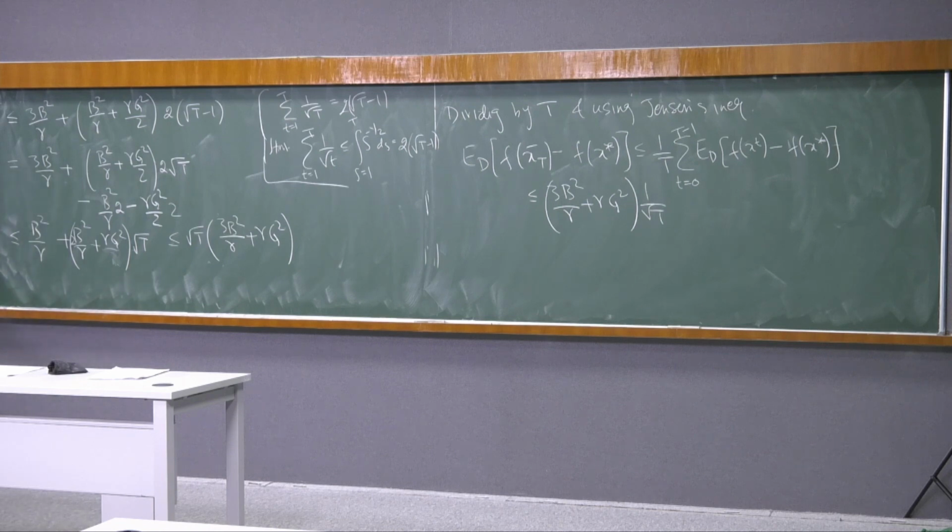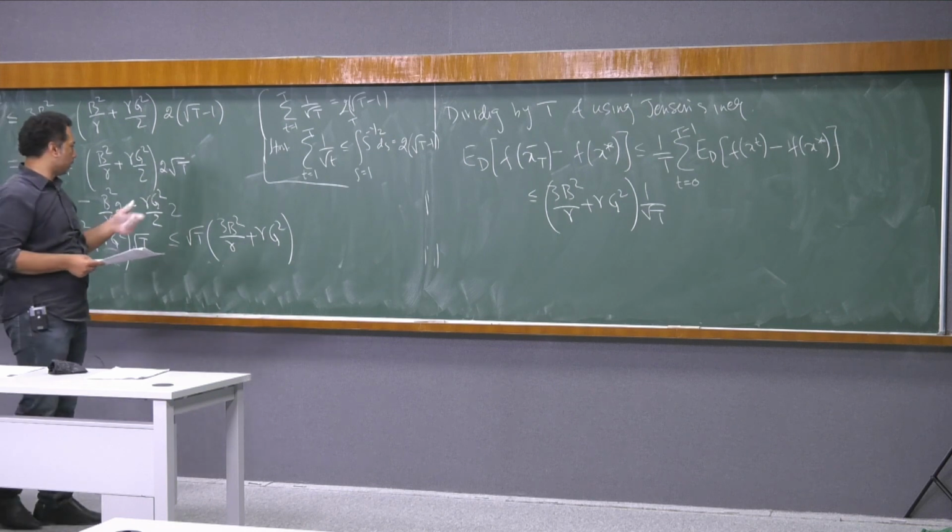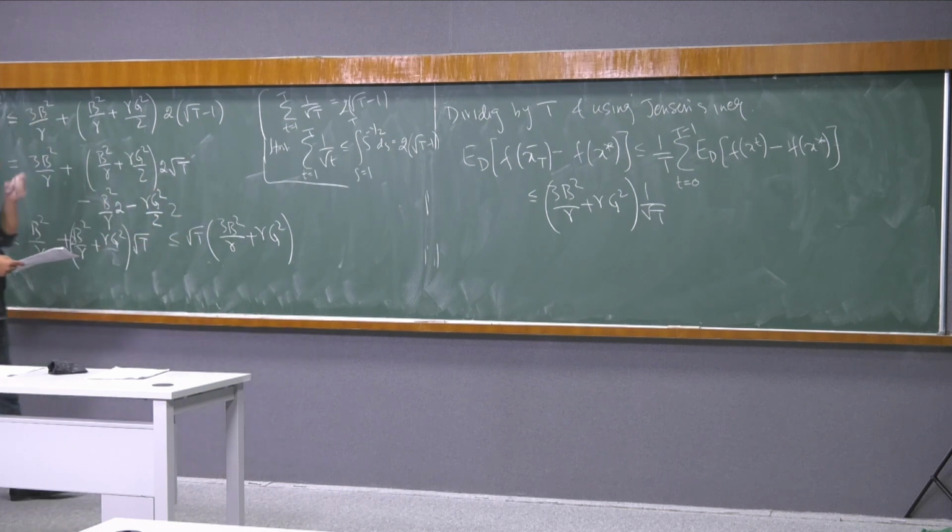So the average is less than or equal to these iterates. Any iterates we have already this bound, so we have just put it there. Since we divided by square root of t, so that got cancelled, and in the denominator we have square root of T now.